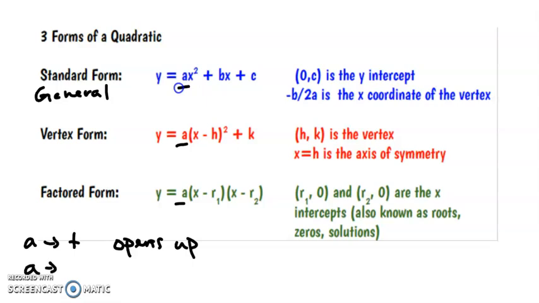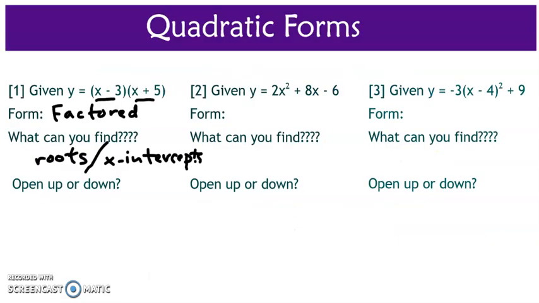If a is negative, it opens down. So if you think about transformations with any function, if you multiply by a negative in front, that reflects your graph down. So because we have no number out in front, there's a positive 1 there, so a equals 1, so then this one opens up.